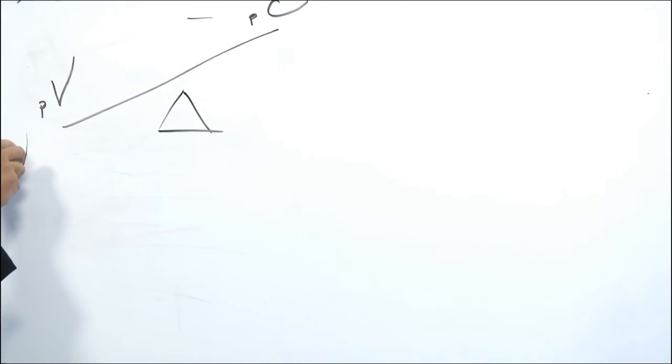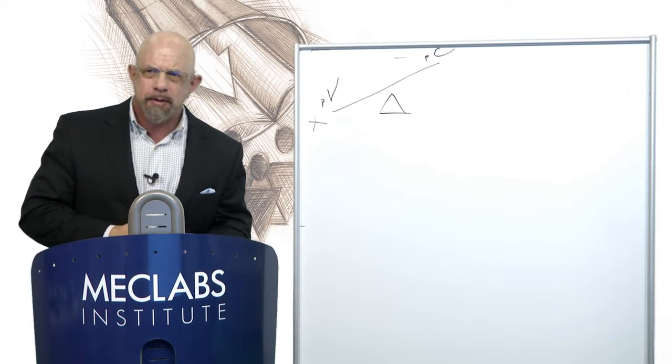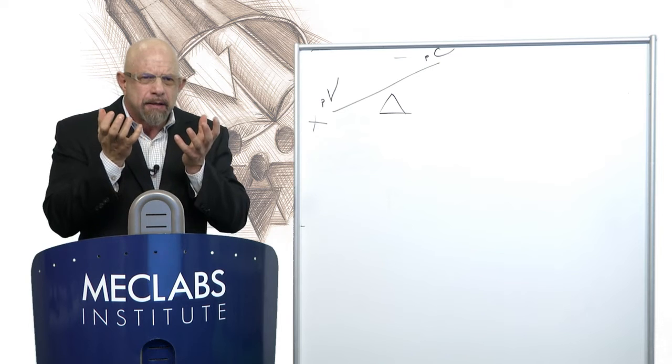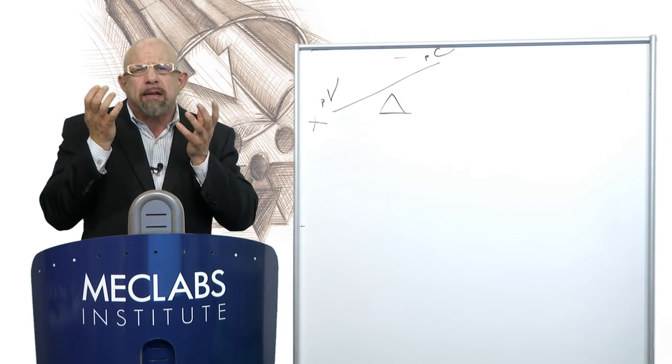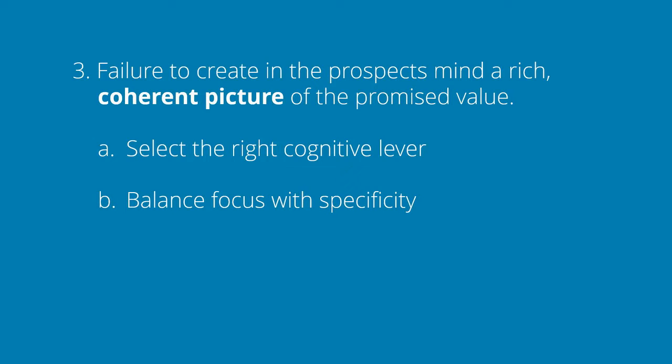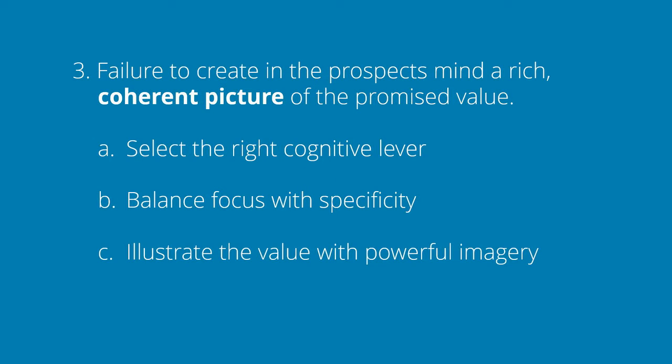But now we're talking about how to increase the weight on the value side. And that comes by helping people visualize the true value and the resulting customer experience. With that in mind, let me take you to a way that that approach sort of cashes in by illustrating the value with powerful imagery.